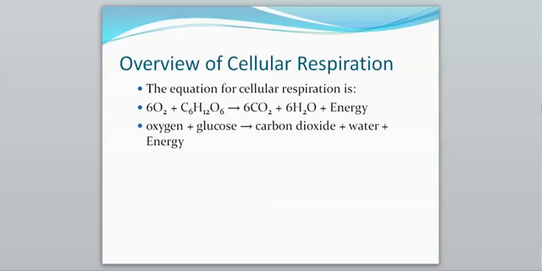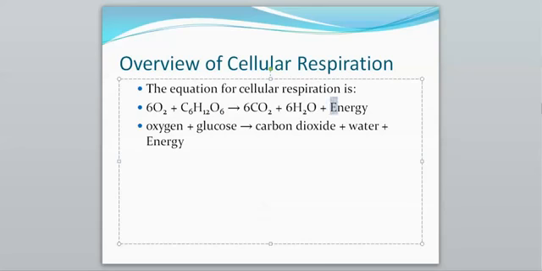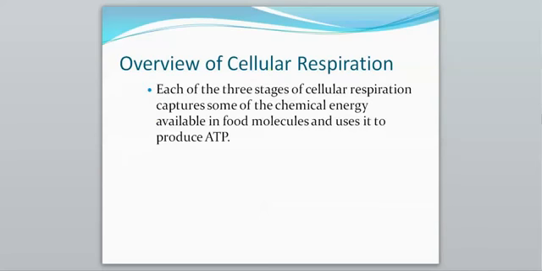Plants take in carbon dioxide, water, and energy, being the sunlight, and make oxygen and glucose. That's a neat correlation between us and autotrophic organisms: the same materials are used, but in almost completely opposite ways. So remember that is our equation for cellular respiration.